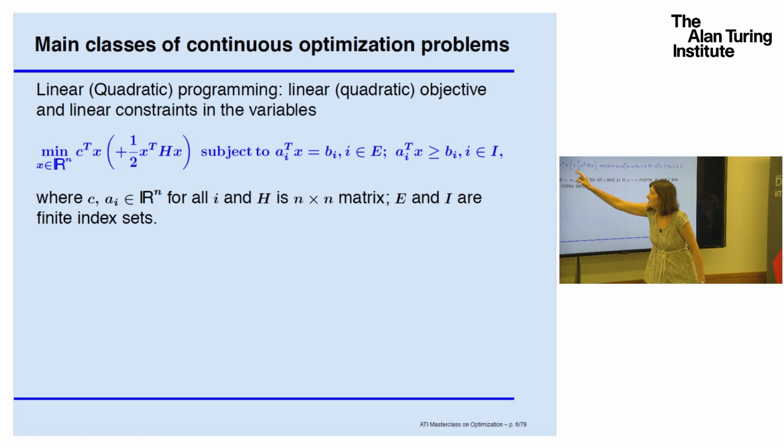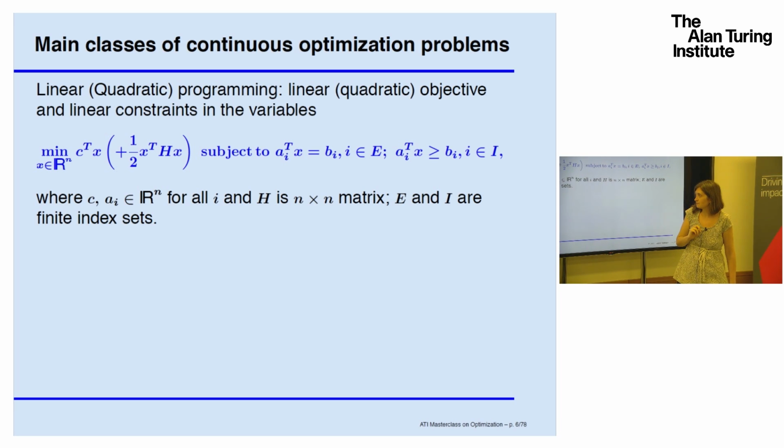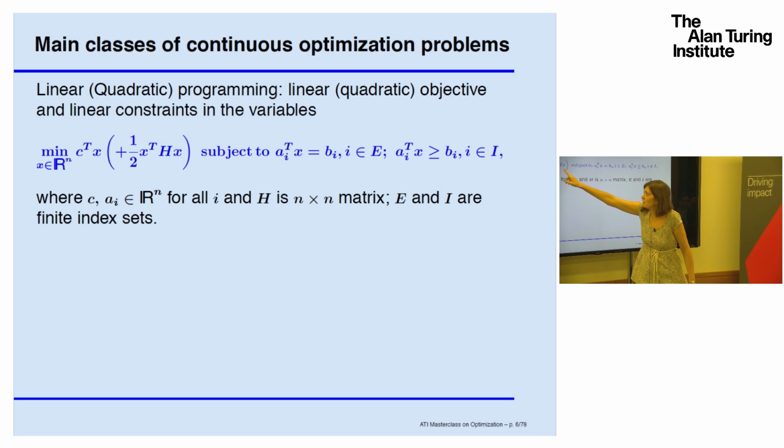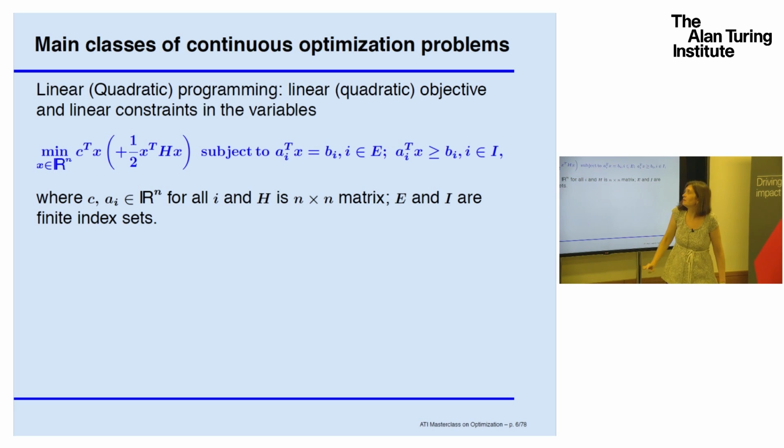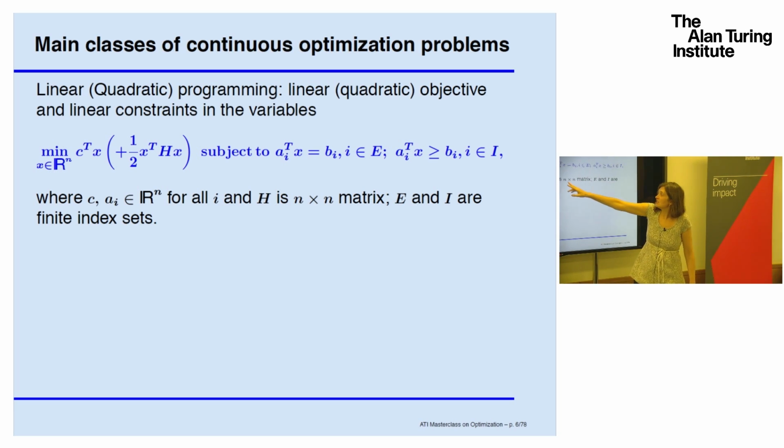So here c and H are given, and the a_i and the b_i are given problem data. If H is convex, if H is a positive semi-definite matrix, I will get back to that later. We'll see in a moment the shapes of this quadratic problem. Actually, let's postpone for now.